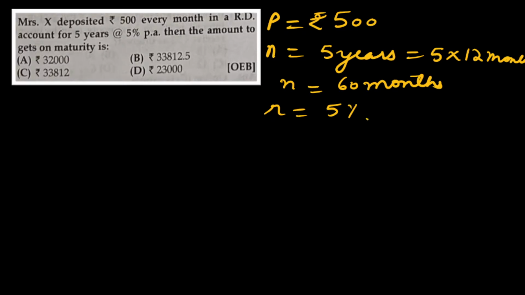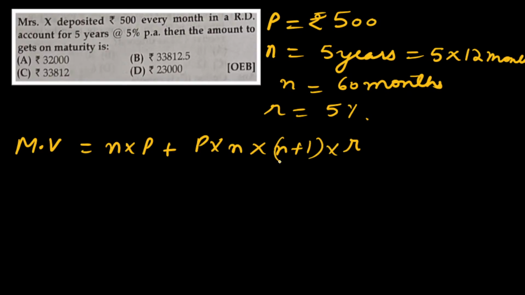We have to find the amount on maturity. That means MV we have to find, the maturity value. So the formula we know: n into P plus I. In I's place we'll make use of I's formula. This way we'll write P into n plus 1 into R by 2 into 12 into 100.